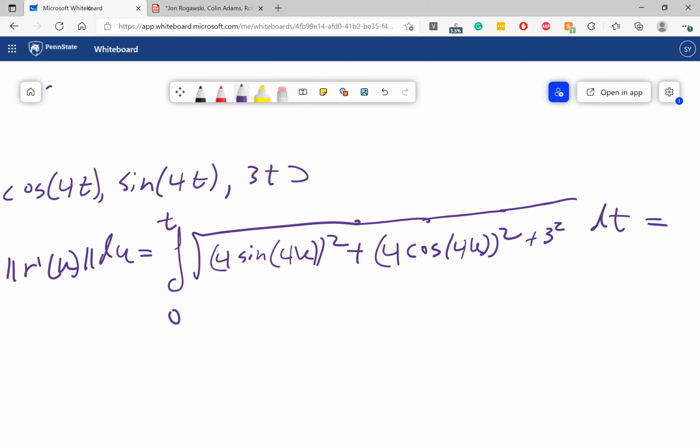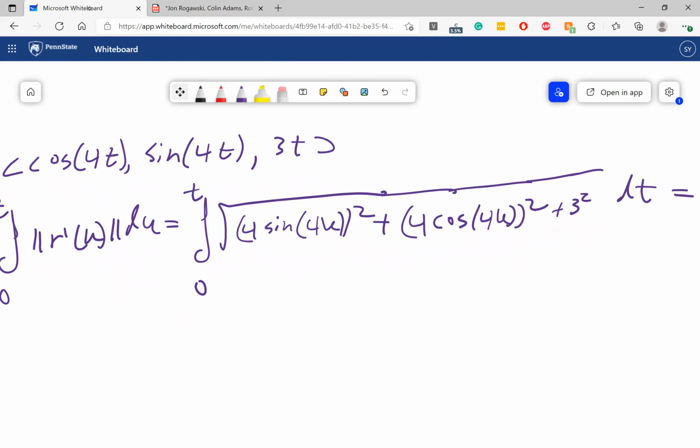Okay, so what is this equal to? It's equal to the integral from 0 to t of the square root. And like I said before, this sine and this cosine, they're squared, so you can take them out and get 1 for them. So you really get 4 squared plus 4 squared times 1.